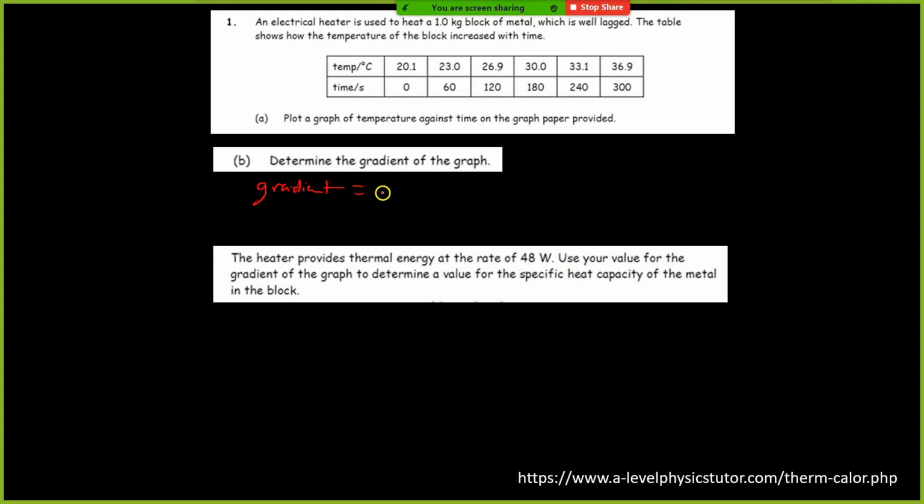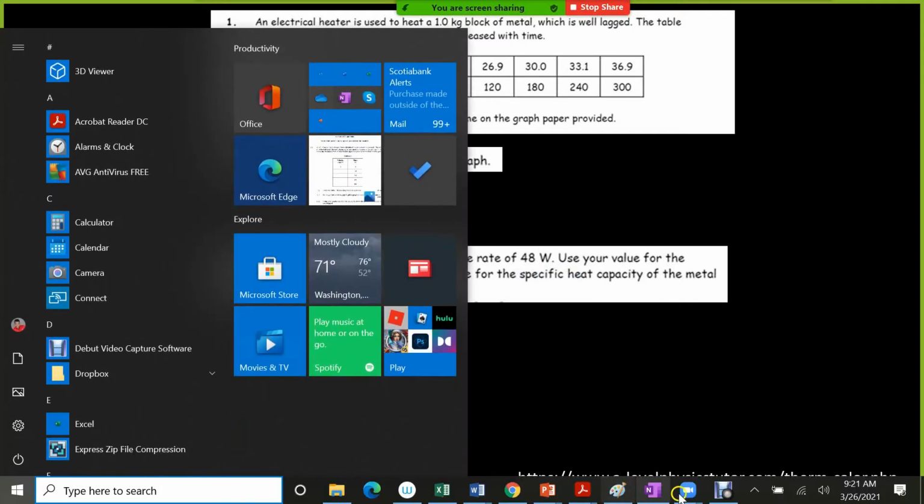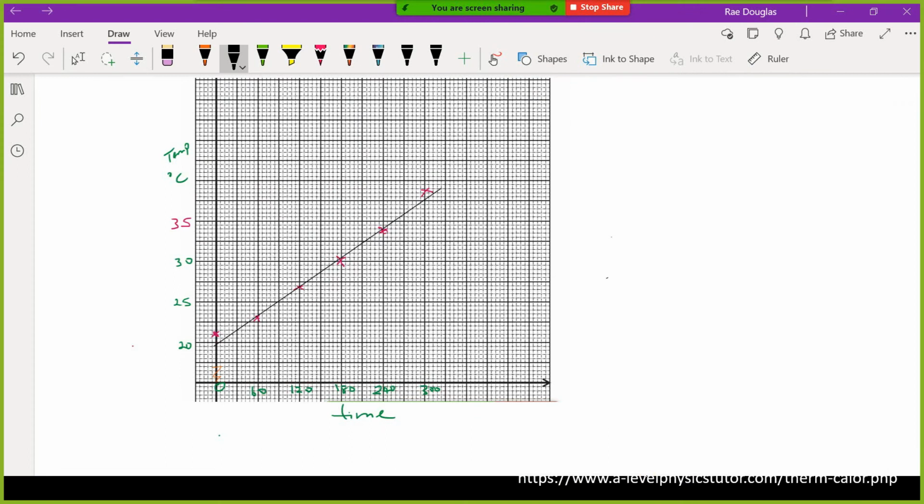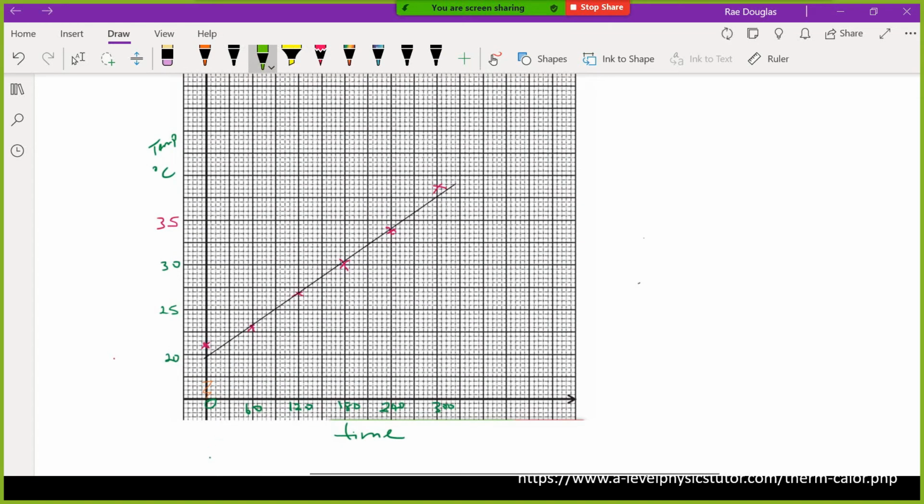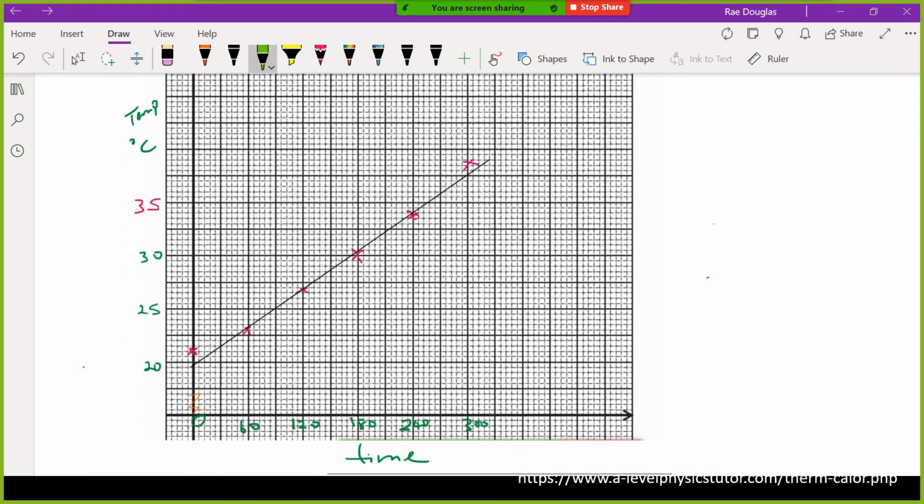As it pertains to the gradient from the graph, let's look back at my graph here. I want to pick 2 points that could represent my gradient completely. I'm going to pick it right here because this is a point I can easily recognize.